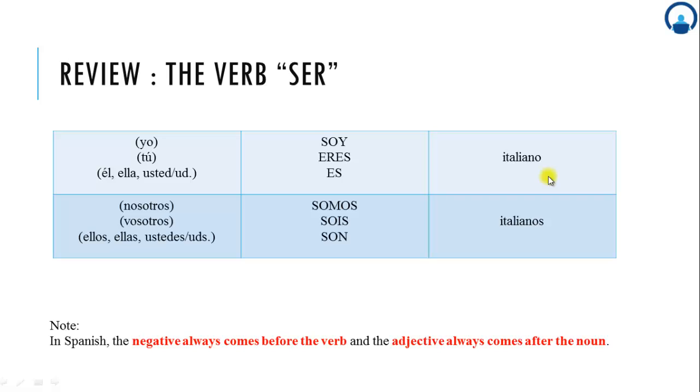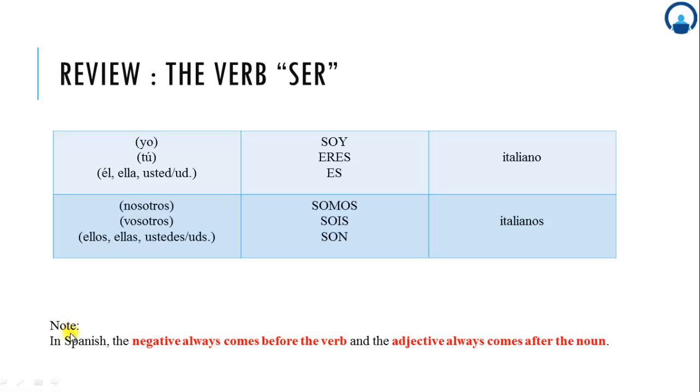In this statement, I am not able to tell whether that person is a boy or a girl. So in that case, it is necessary to write él or ella, that means he or she. In the rest of the cases, it is not required as such.